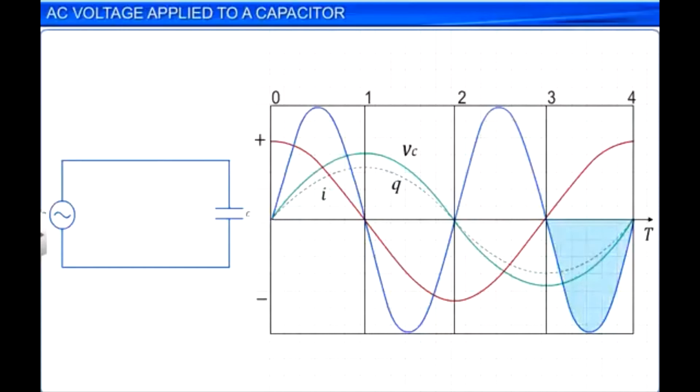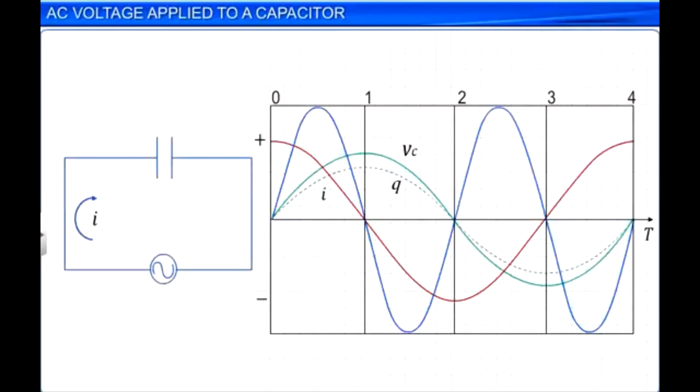In the first time interval, 0 to 1, the value of the current keeps decreasing in the circuit from being maximum at time t is equal to 0 and reaching 0 at 1, at 1/4 of its time period. By the end of this time segment, plate A gets fully charged with positive charges and plate B with negative charges, and they oppose any further current in the circuit.